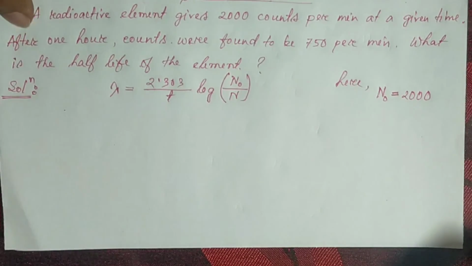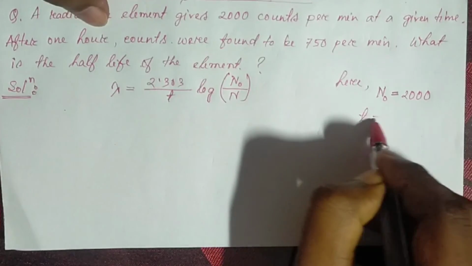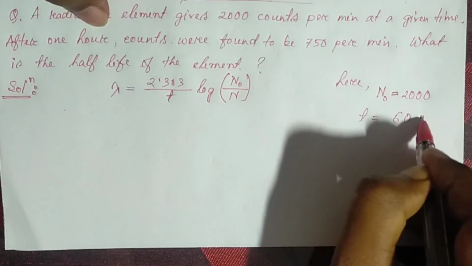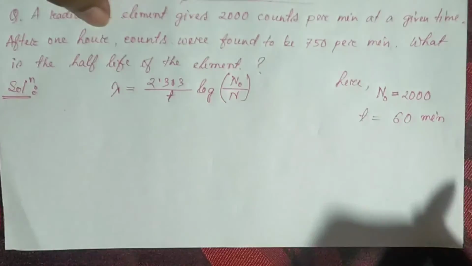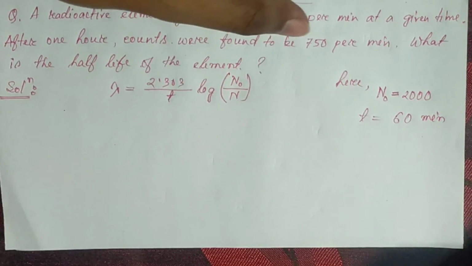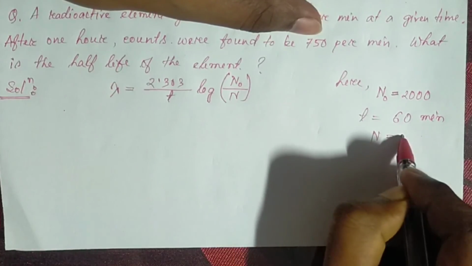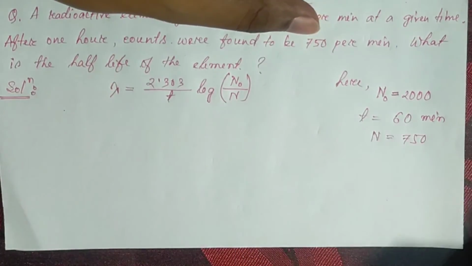And they are saying that after 1 hour, that means t is 60 minutes, the counts were found to be 750, that means n is equal to 750.